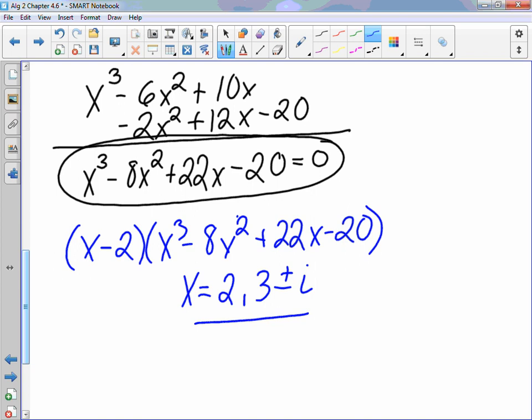Does this make sense? So when they say least degree, pretty much they're saying what is the simplest polynomial function that will have these zeros? What is the simplest one we can have? That's why they put that there. So it's reducing the number of possibilities.